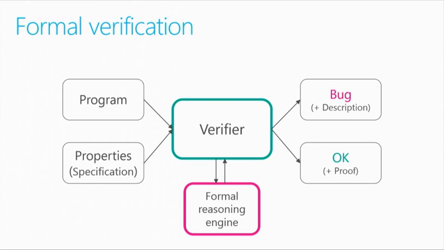Typically, in practical settings, and also research settings, what these verifiers look like, they're a high-level strategy that decomposes the big verification problem into many small problems, which are then usually dispatched through some sort of formal reasoning engine. So the red part down here is really pure mathematics.